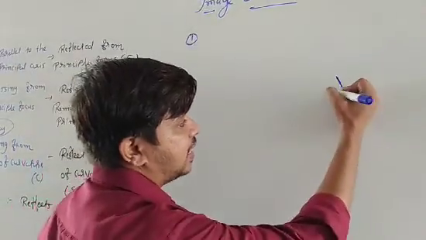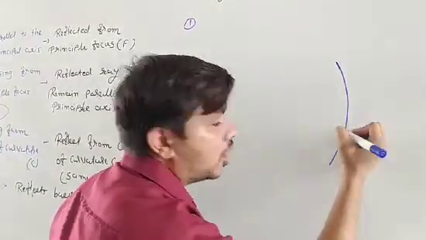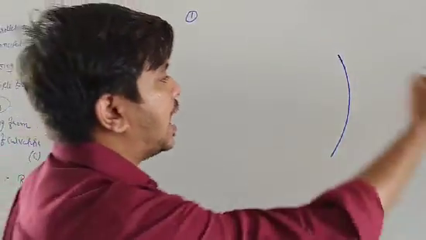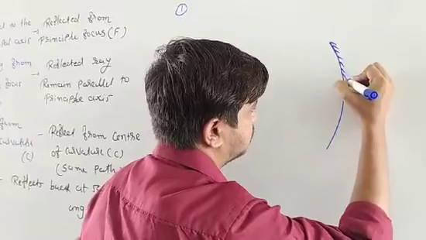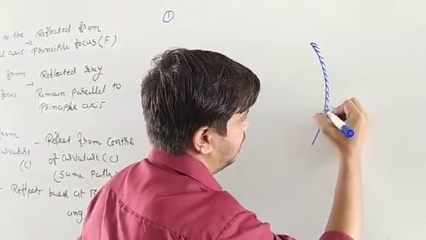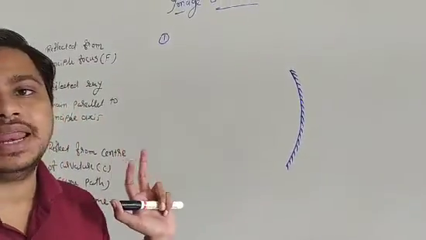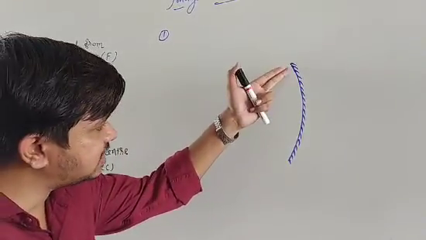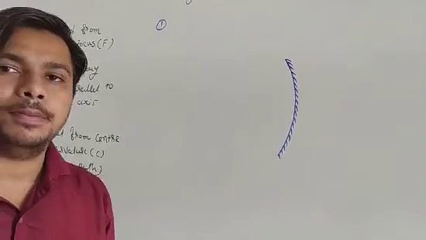If I plate it here, then it will become a convex mirror. And if it is here, then it will become a concave mirror. So I am just plating it. You can imagine it like that. So here it is the plating. So you can say that the reflecting surface is curved inward. So it is a concave mirror.